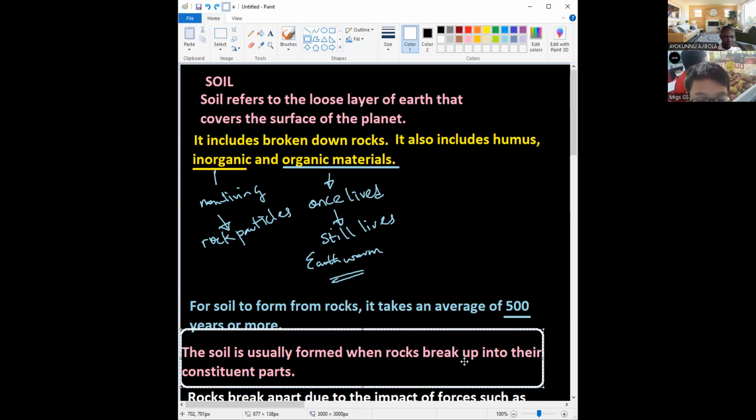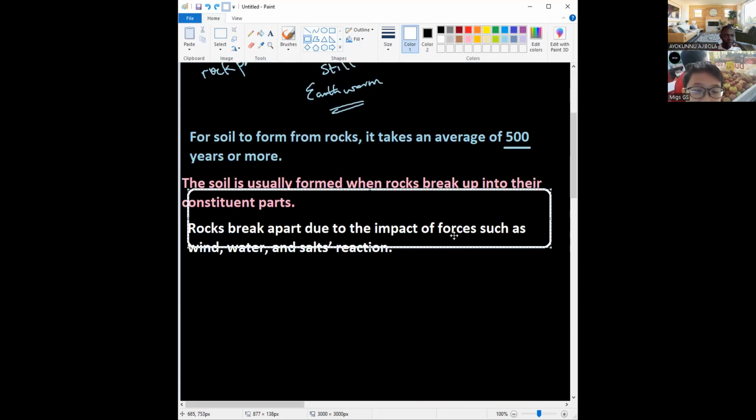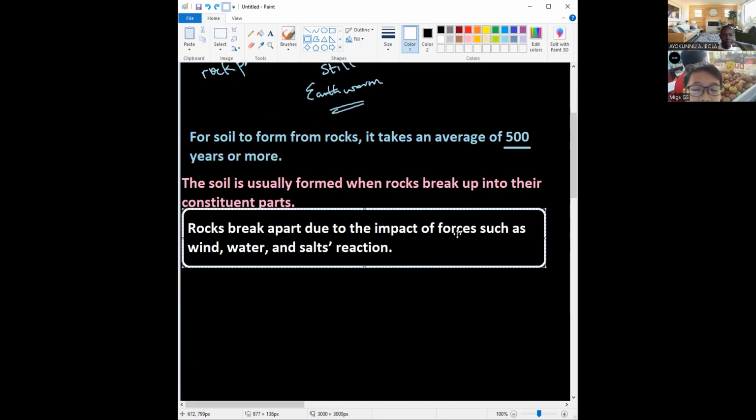The soil is usually formed when rocks break up into their constituent parts. And what makes weathering occur? Rocks break apart due to the impact of forces such as wind, water, and salt reactions.